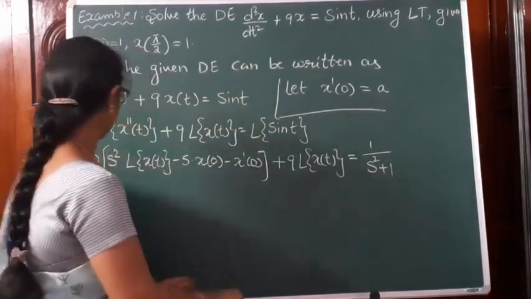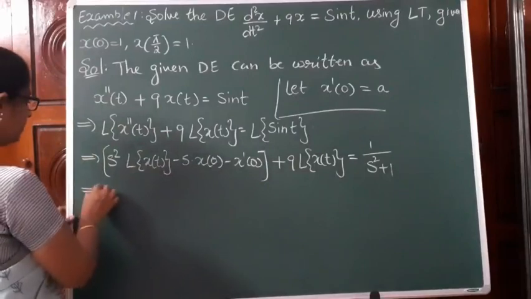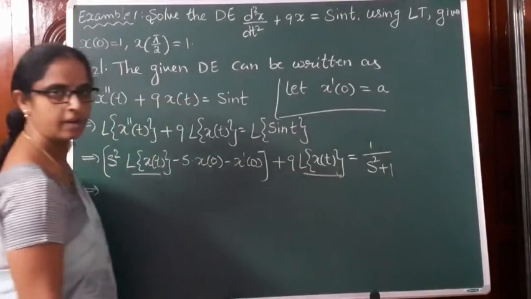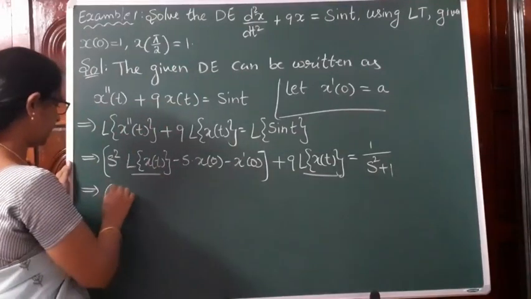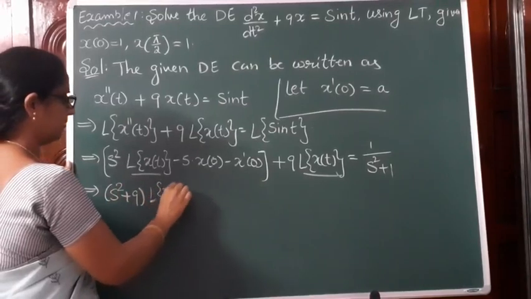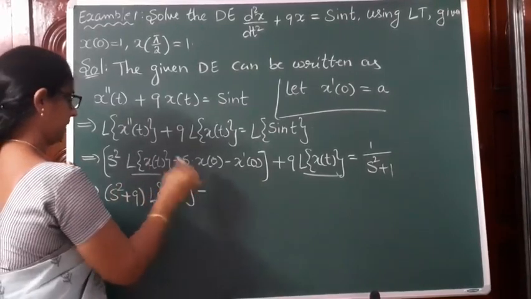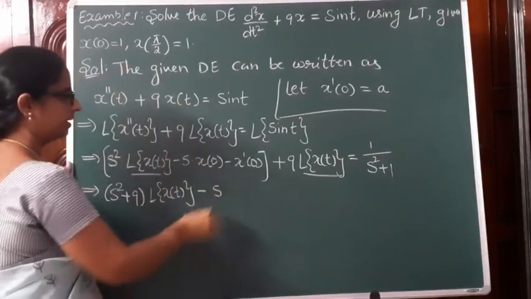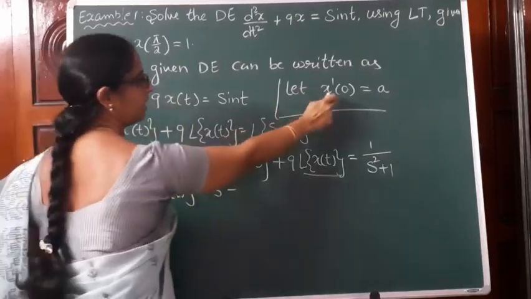Now let us substitute the initial conditions, and before that we can take L of x of t common from these two terms. Then we get s square plus 9 into L of x of t minus s into x of 0. X of 0 is given as 1, minus x dash of 0, we assumed it as a.